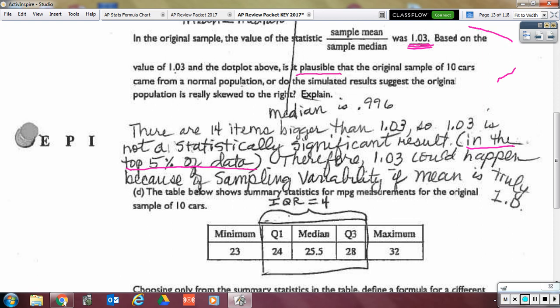So even with this statement, I suspect that I still would not have gotten full credit because I didn't actually answer the question. The question is, is it plausible that the population is normal? So I need to say yes or no first. Is it plausible that the population could be normal?